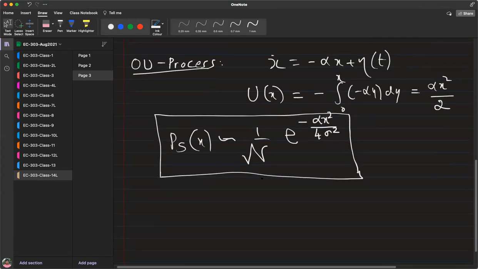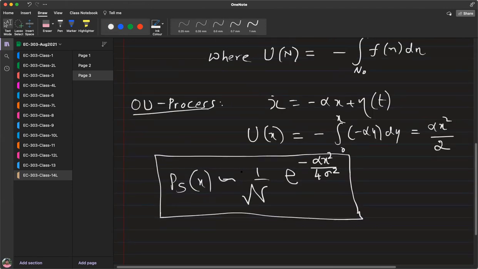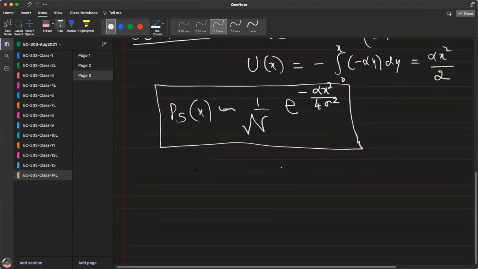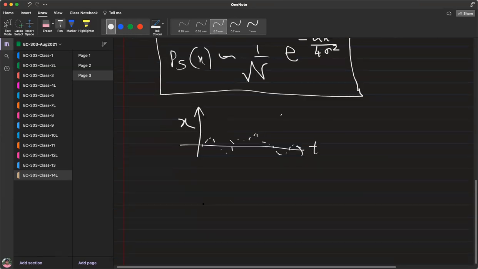How does this look? Have you come across this function? E power minus x squared by some constant. It's basically a normal distribution. What does it mean? If you were to plot x as a function of time, it will have some stochastic behavior around 0 for the OU process.